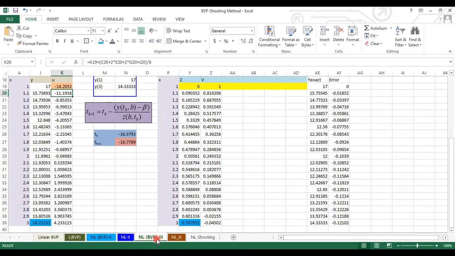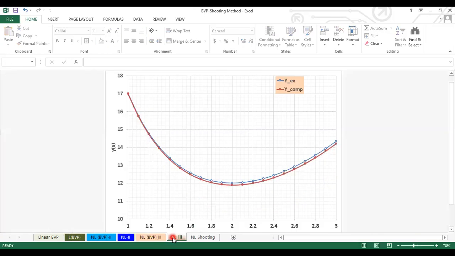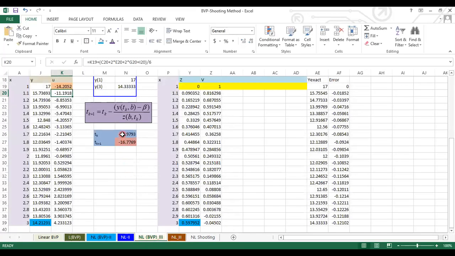Of course, in Microsoft Excel, we have to manage some of the things in manual mode. They can also be programmed in advanced programming languages, any that you are familiar with. So let's see the solution. Okay, it has got closer to the exact solution. However, let's go for another iteration.